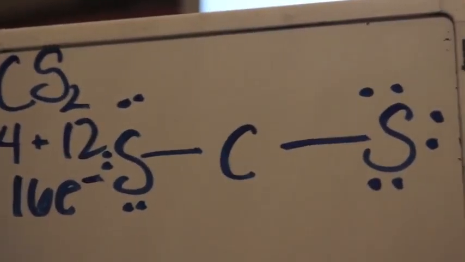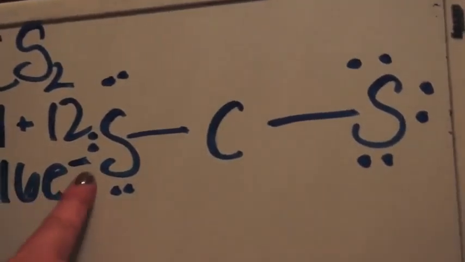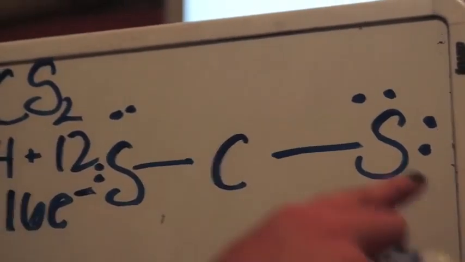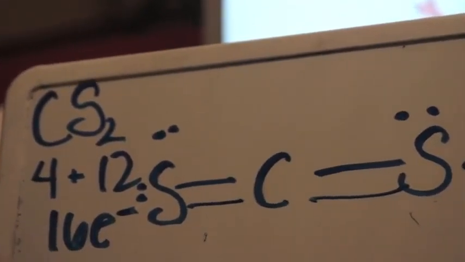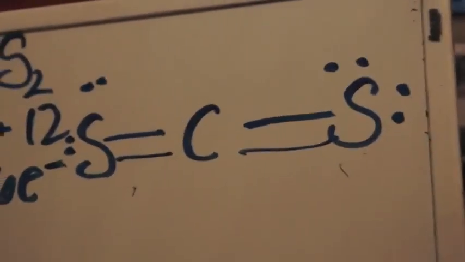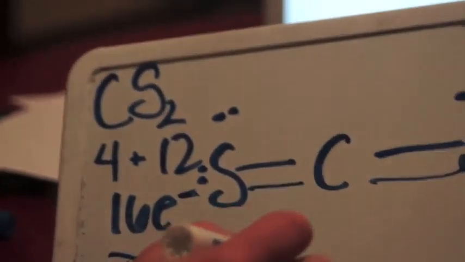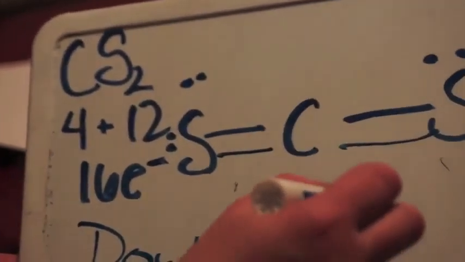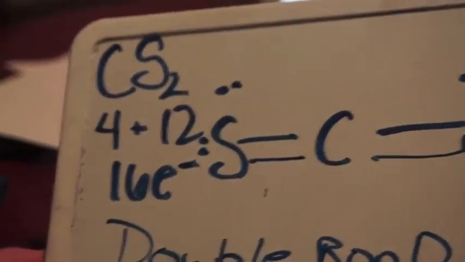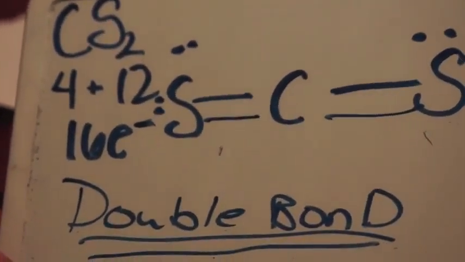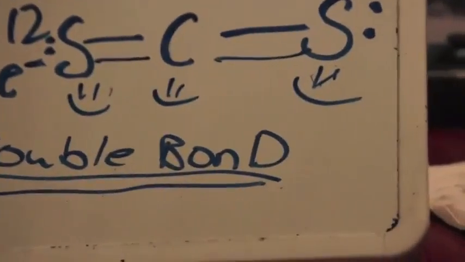And so instead of just using single bonds to satisfy all the atoms, you'll have to replace 2 of the electrons on the sulfur atom and add double bonds. So now each one is sharing 4. And so you have 4 electrons being shared between each compound, and that gives carbon a total of 8 electrons in its valence. And that gives a total of sulfur of 8 in each valence as well. And this is an example of a double bond.